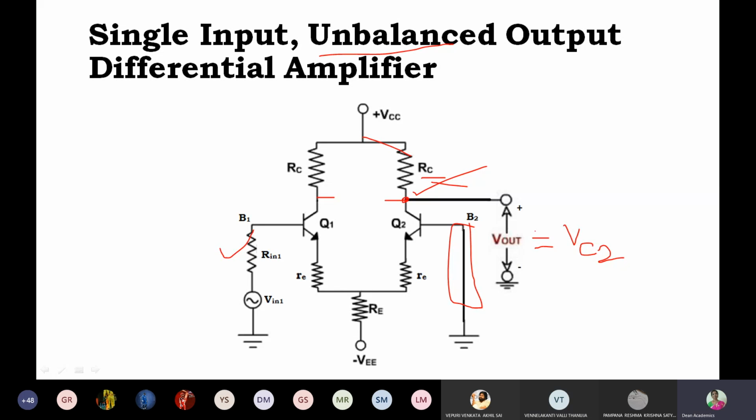You got V in 1 by 2 RE. So what is the V naught expression finally? V in 1 RC by 2 RE. RC by 2 RE. Excellent. Very good.